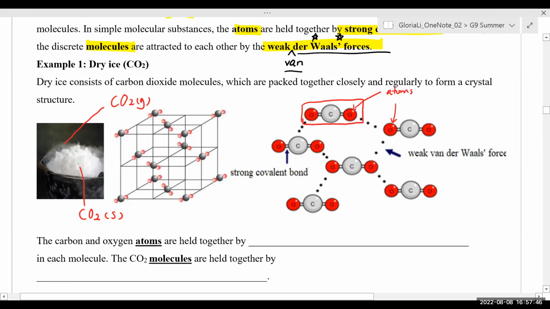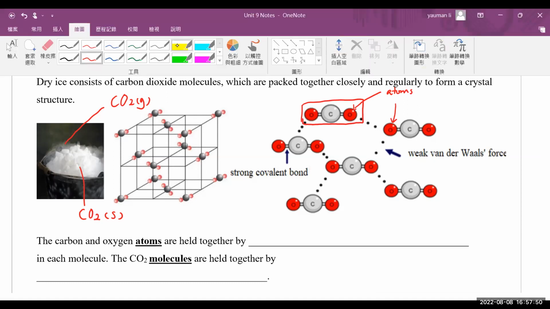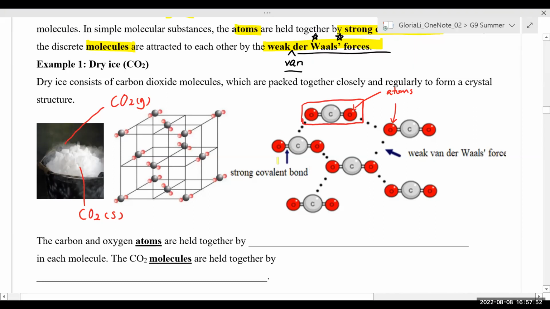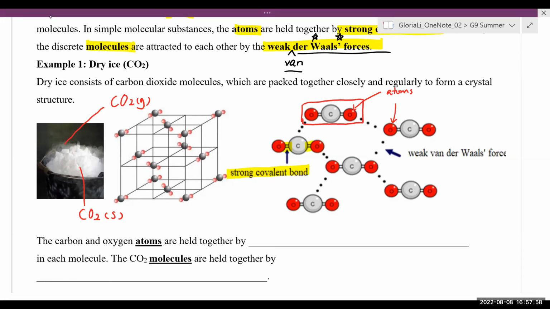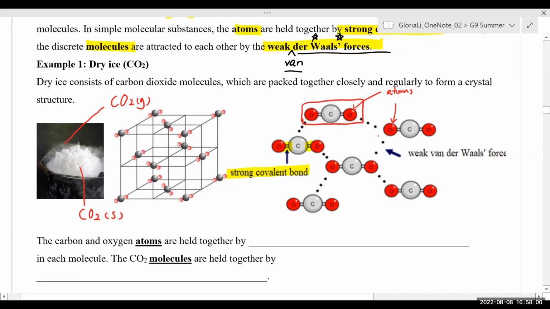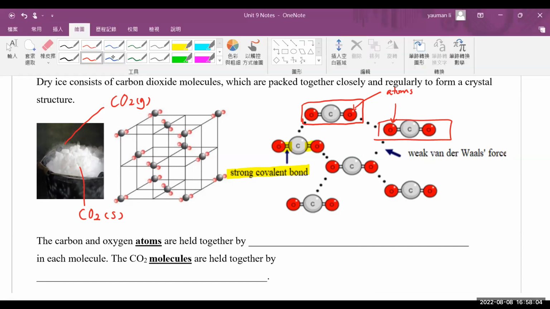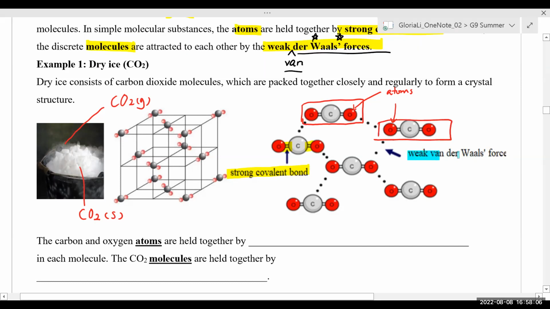So between the atoms, there will be strong covalent bond. In my picture, where is the strong covalent bond? Let's see. Take out your highlight pen. Strong covalent bond between the atoms. And this is a molecule. So between the molecules, there will be weak van der Waals force.